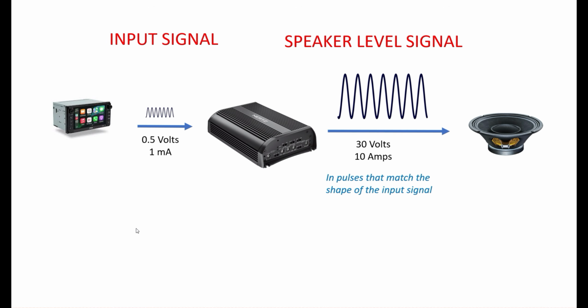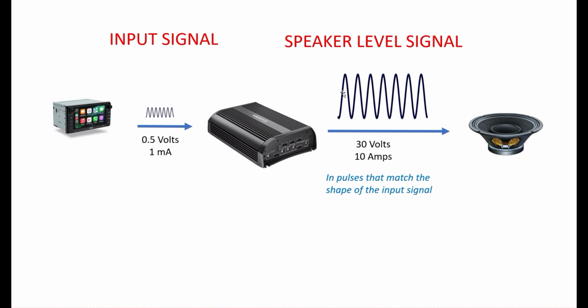The second thing that an amplifier does is to match the pattern of the input signal and send that identical pattern to the speakers. It's because of the peaks and dips in the signal, the peaks are the positives, the dips are the negatives, and it's this pattern of negative and positive voltages that will move the speaker in a certain way and duplicate the music or the podcast or whatever it is that the head unit is sending through your audio system.